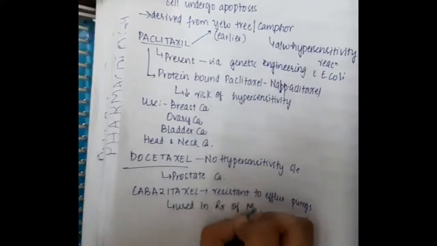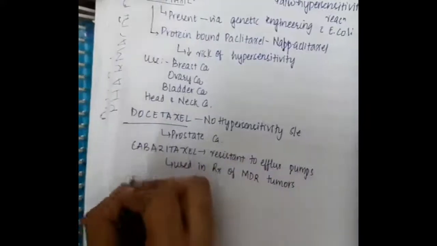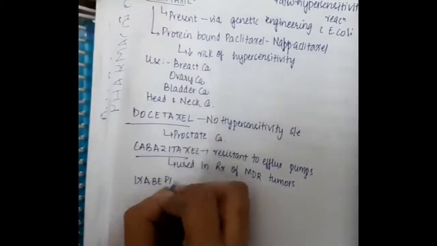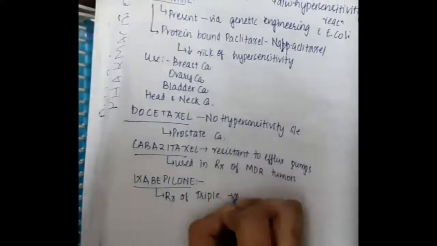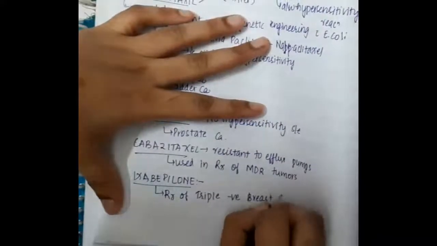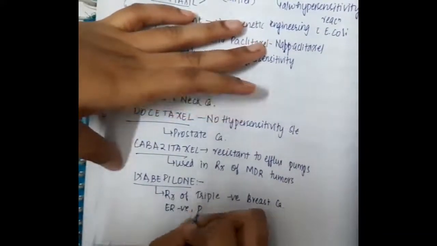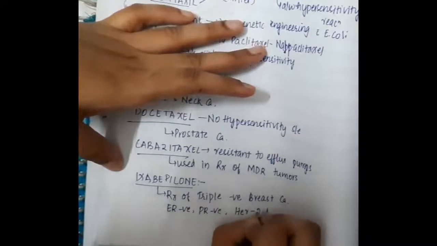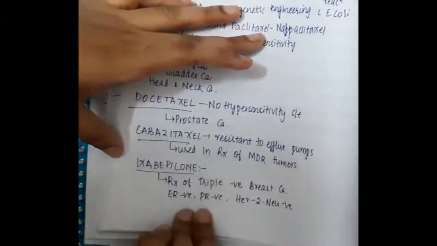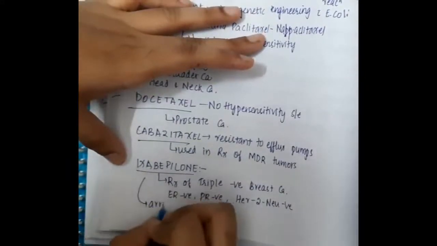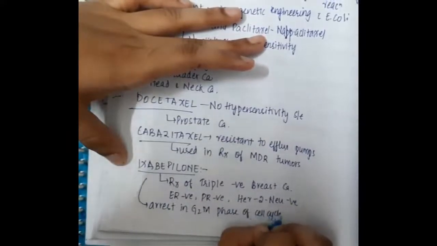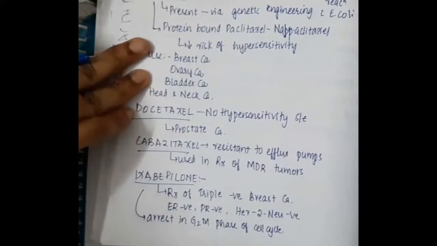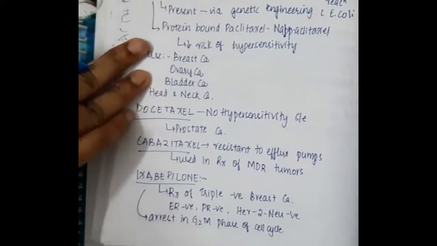Cabazitaxel is used in the treatment of MDR tumors, that is multi-drug resistant tumors. Then we have ixabepilone, used in the treatment of triple negative breast carcinoma, that is ER negative, PR negative and HER2 negative. Ixabepilone arrests the cell cycle in G2M phase.